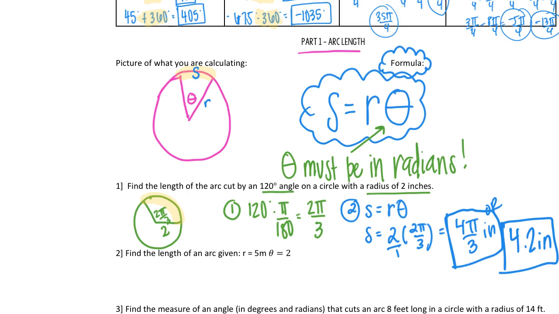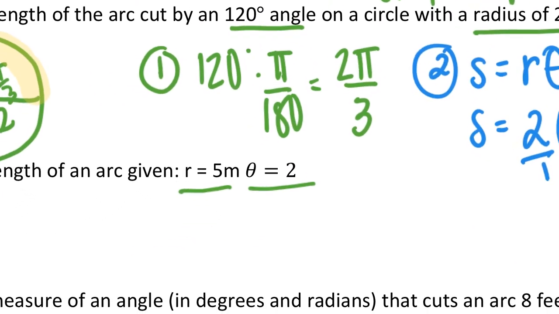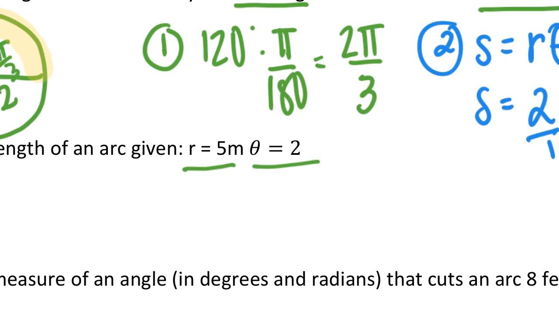Let's try out the one right beneath there. We want to find the length of an arc given that the radius is 5 meters and theta is 2. Now, you might be thinking, that's a weird theta, 2? If it doesn't have degrees, then we can assume that it is in radians. So this is already in radians.